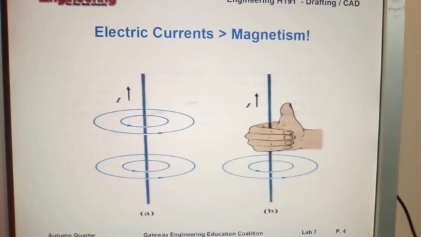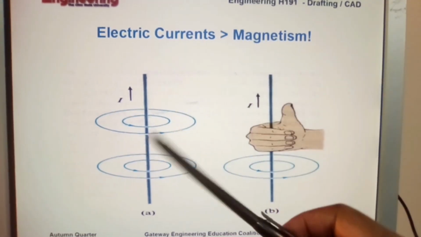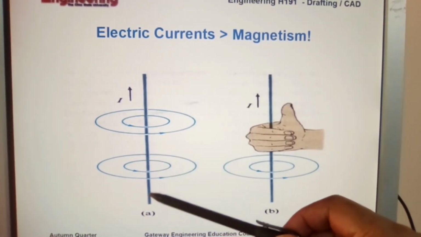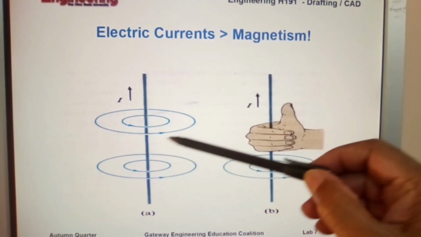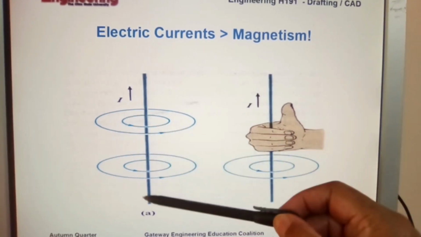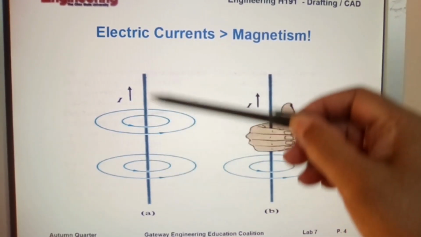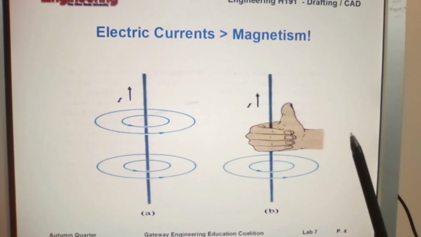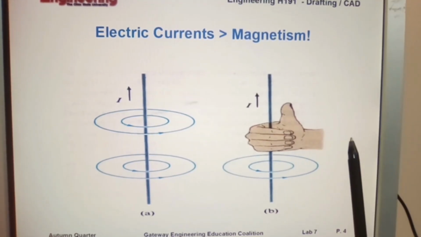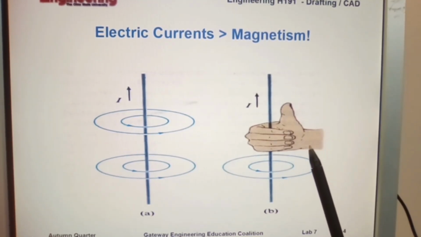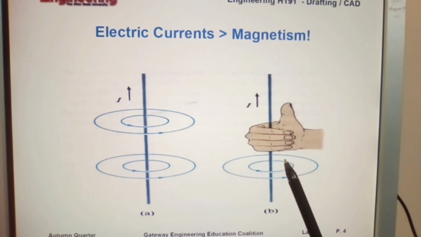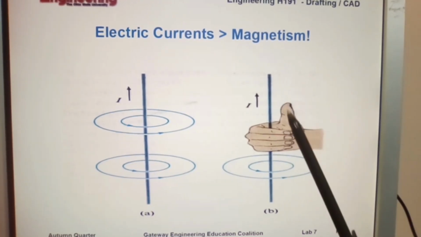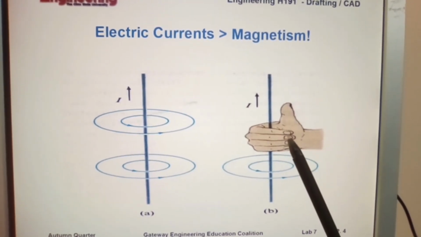And here we have electric currents and magnetism. Now here in A, you've got the current flowing round, but you've got current flowing upwards. Now for me, I'm looking at the right hand rule here, but we should probably pick that up in a moment or so.